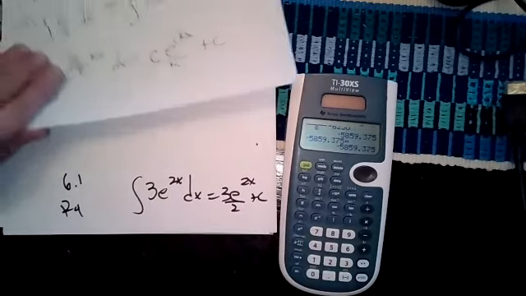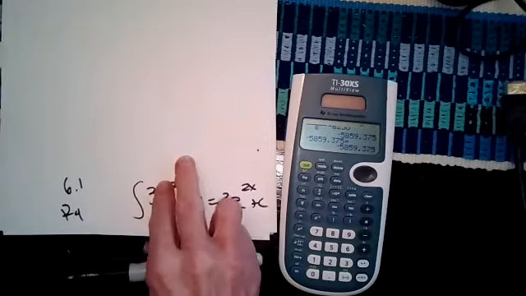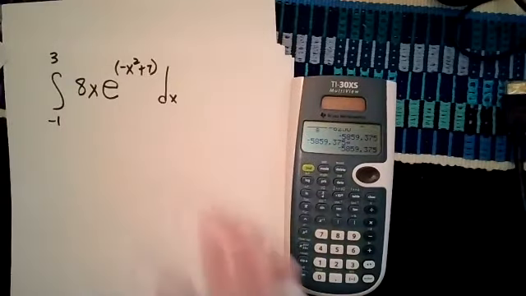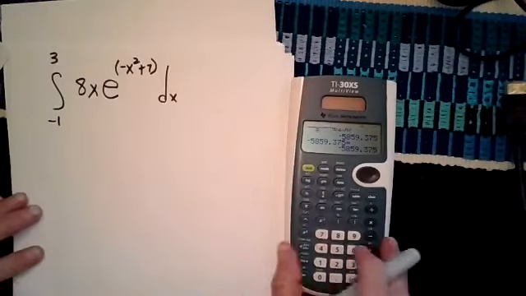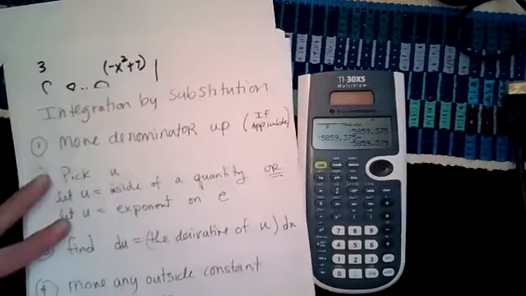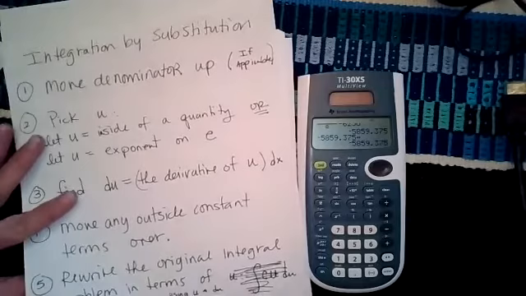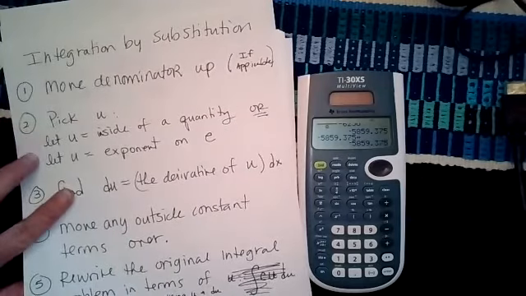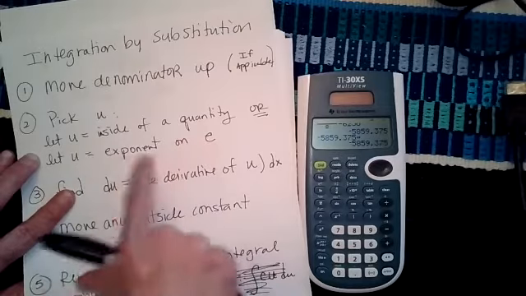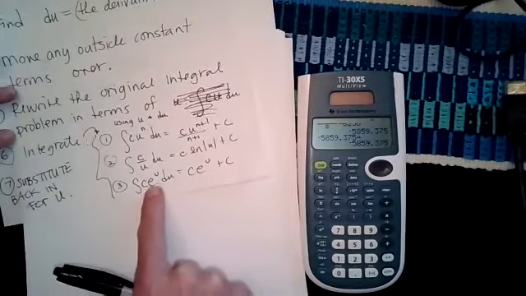But I can't do that here because my exponent is other than kx. Does that make sense? So the steps for substitution: I always say move denominator up. We don't have a denominator. Pick u. So u is always the inside of the quantity, but if you don't have that, pick u to be the exponent on e. So we're going to get to the case where we have the integral of e to the u instead of u to a power.